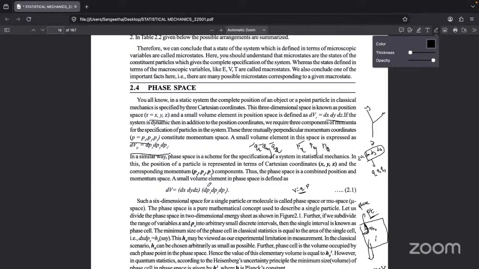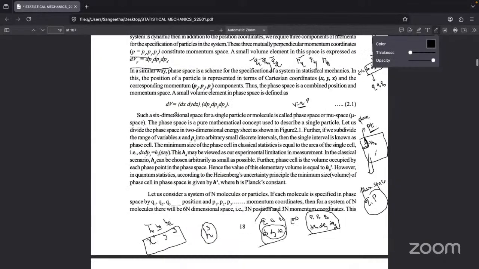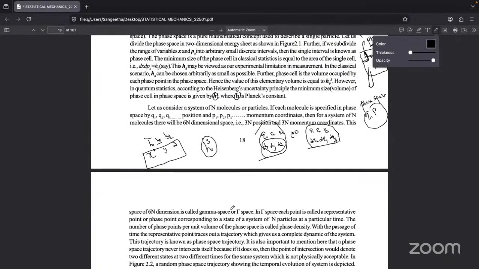The total volume is the product of the two, subdivided into small cells, taking a small volume as H0. H is from the uncertainty principle.